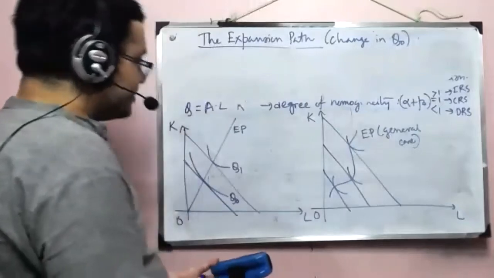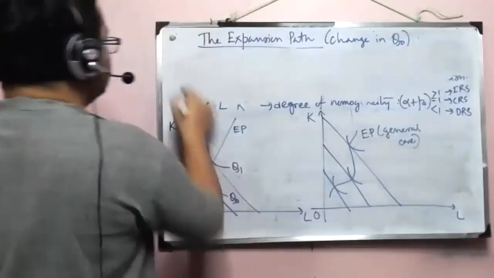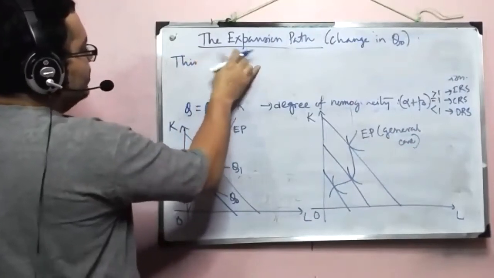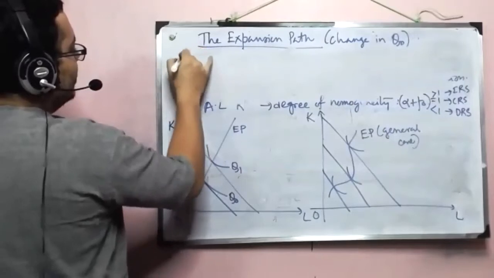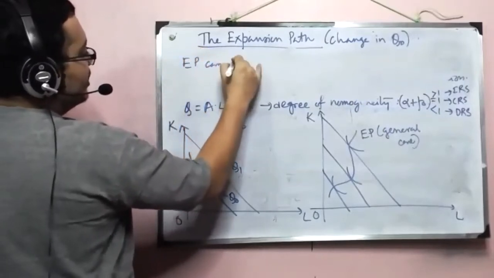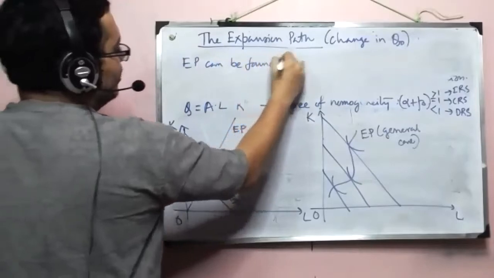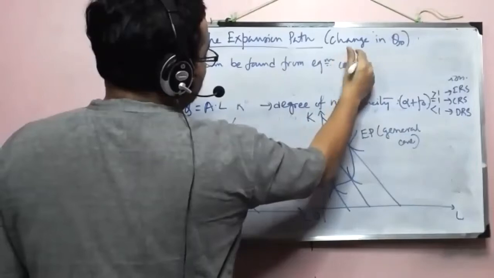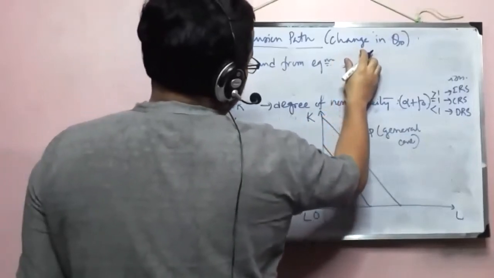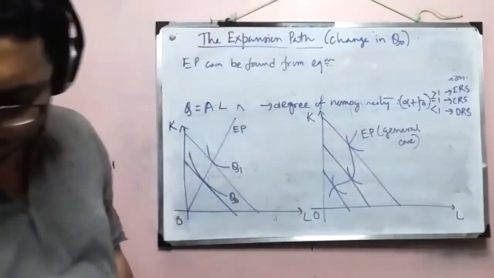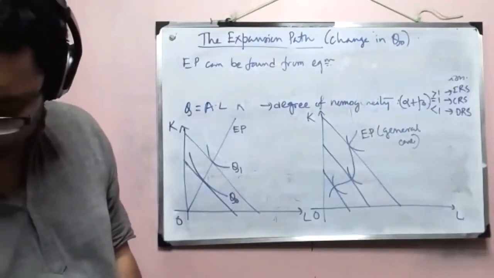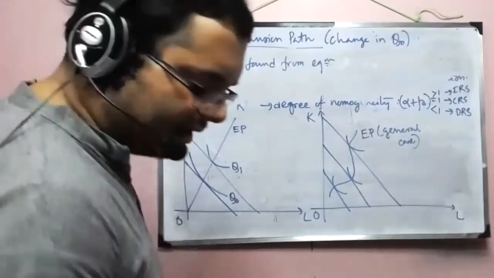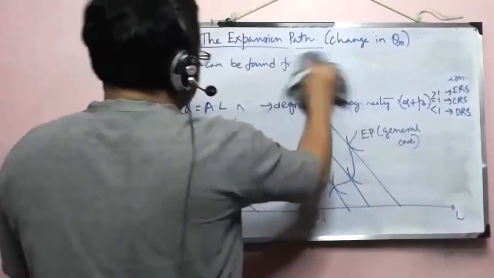So let's write the precaution here. The expansion path can be found from the equilibrium condition; it will always work.